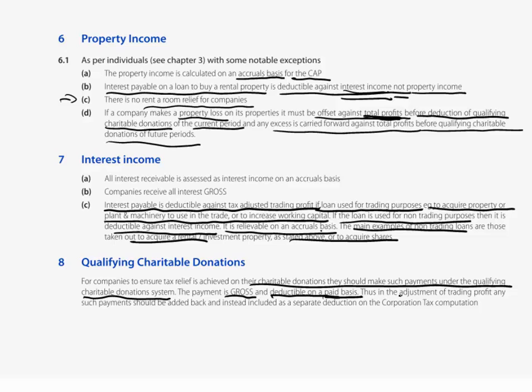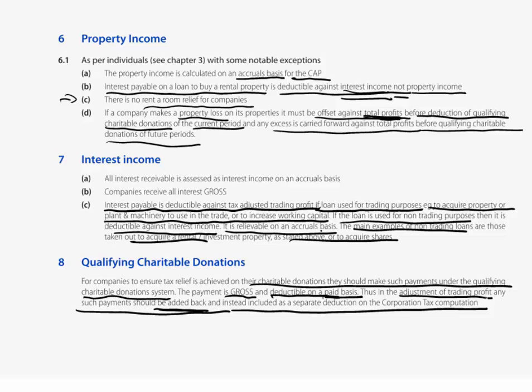Thus, in the adjustment of the trading profit, that first exercise to do in terms of the preparation of the corporate tax computation, any such payments that have been debited in your statement of profit or loss are not trading expenses, so they should be added back and instead separately included as a deduction on the face of the corporate tax computation itself, itemized as qualifying charitable donations.